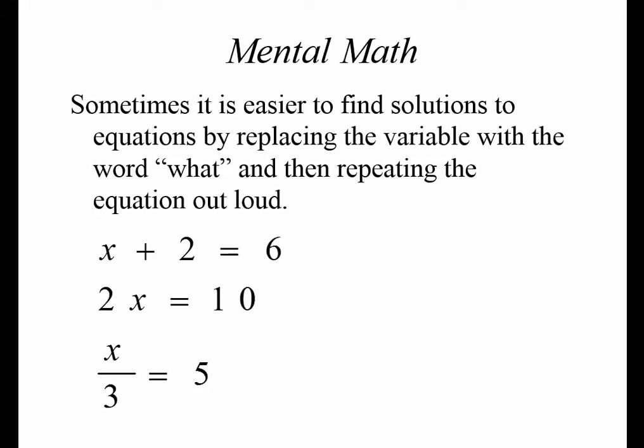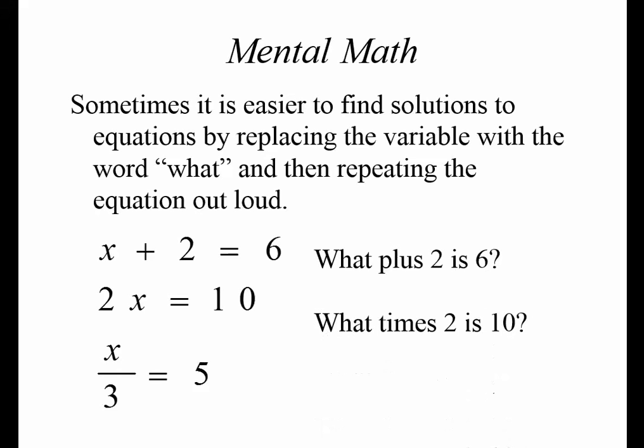Or even better, the sum of a number and 2 is 6. Okay, for the next one, 2 times a number is 10, or what times 2 is 10. And then for that last one, a number divided by 3 is 5. Or if you wanted to be fancier, you could say the quotient of a number and 3 is 5. Or back up there on number 2, you could say the product of 2 and a number is 10.